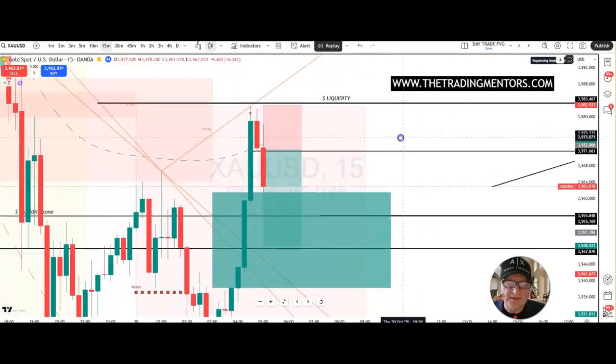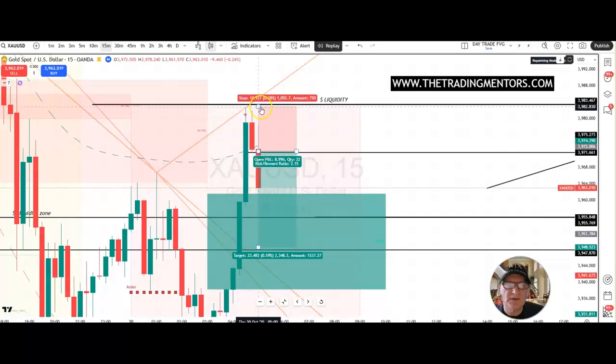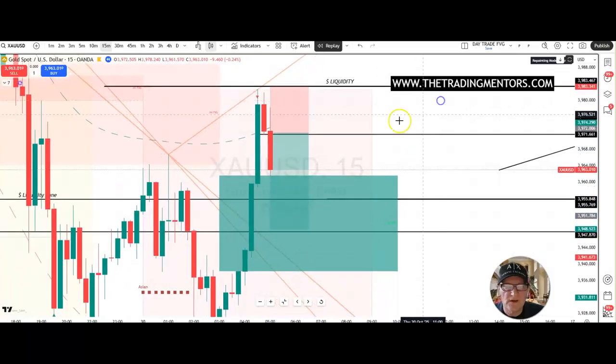That's your entry point. So that is your sell order pending, okay, and your stop loss is up here, previous swing high. Okay, now your target is 2 to 1.